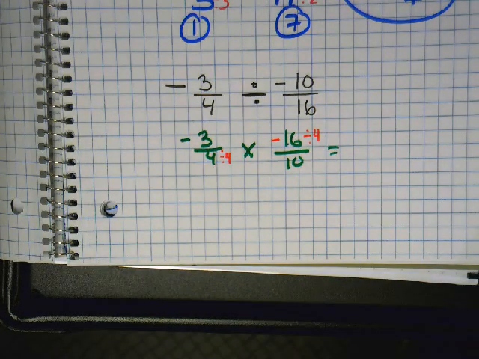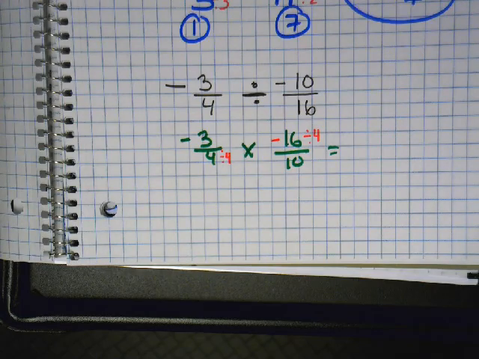So, the negative on a fraction doesn't change. It can go anywhere. Just, if it appears once, make sure it still appears once. Don't put two negatives in the fraction.